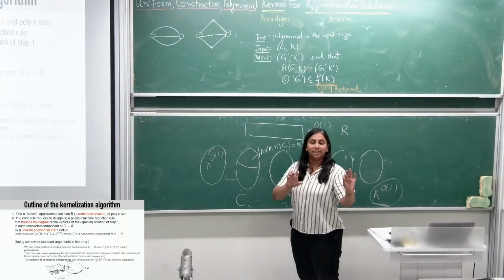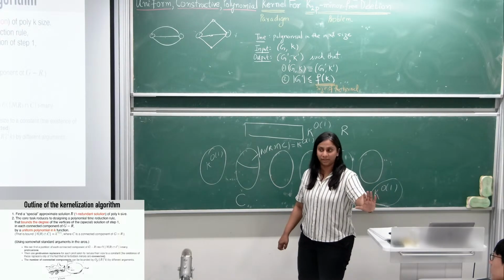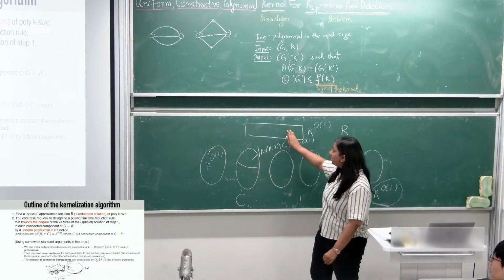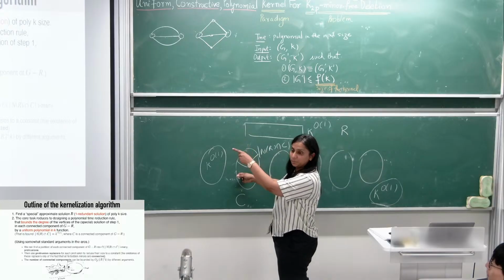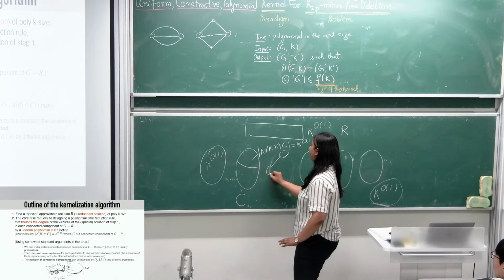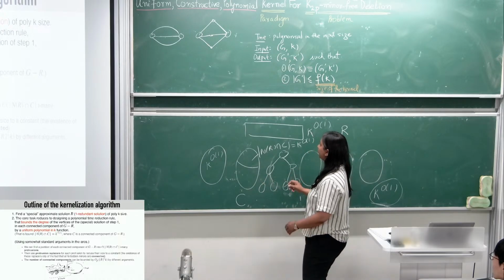I'm just going to take the next 2 minutes for people who know this terminology. If you don't know it, don't care about it. For people who know this, this is a solution. This component has bounded tree width because it excludes a K2P. So you look at some nice tree decomposition of the graph.